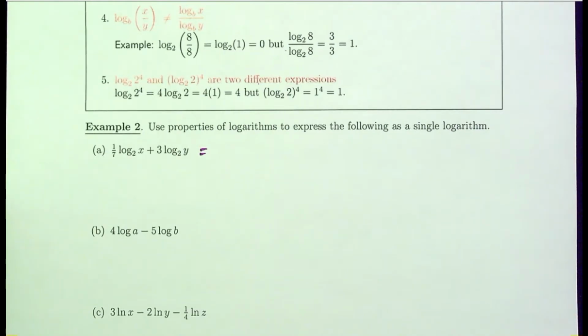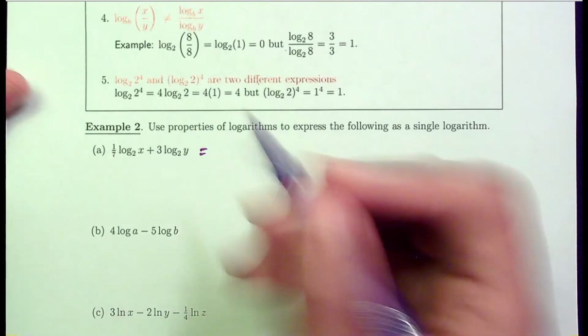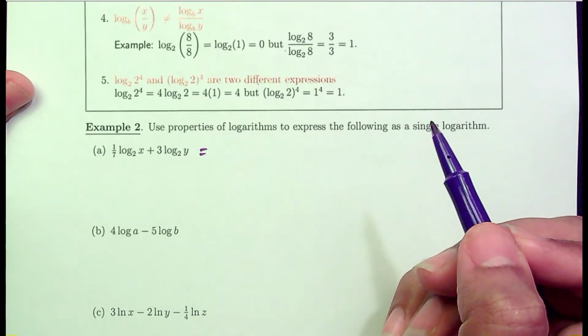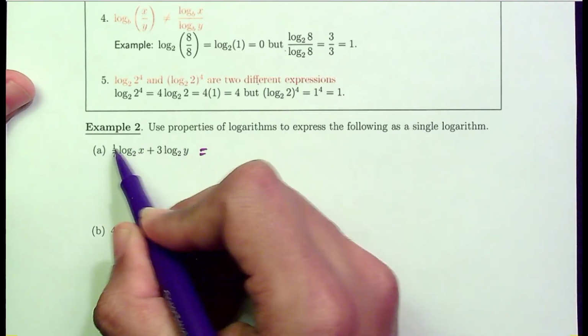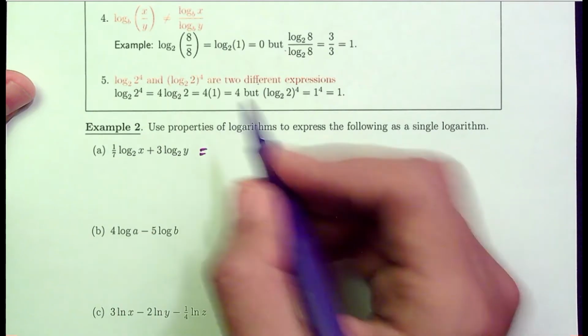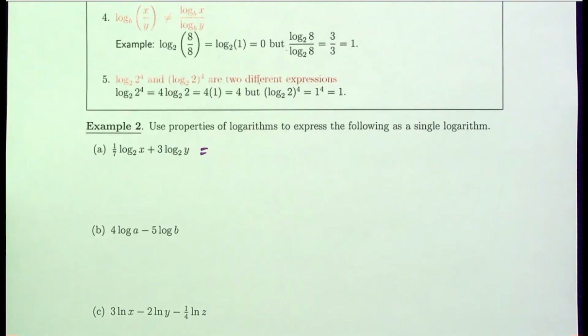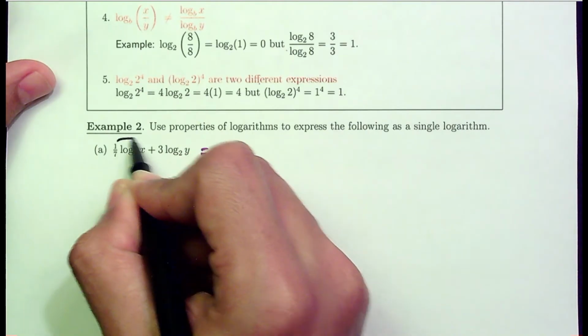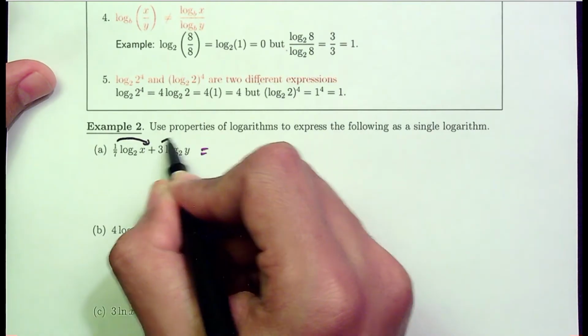It says 1/7 log base 2 of x plus 3 times log base 2 of y. The first thing you want to do is take coefficients and put them inside. So put that 1/7 inside, and the 3 also moves inside. When you move it inside, you move it as an exponent.